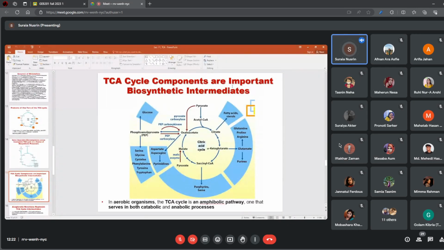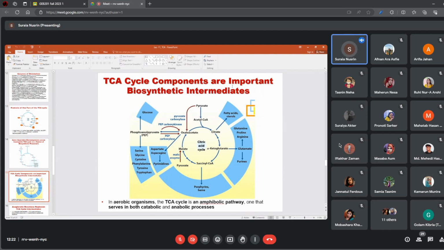And the anabolic process is the synthesis of other biomolecules from the intermediates of this cycle. Is it clear? Do you understand? Yes, ma'am.